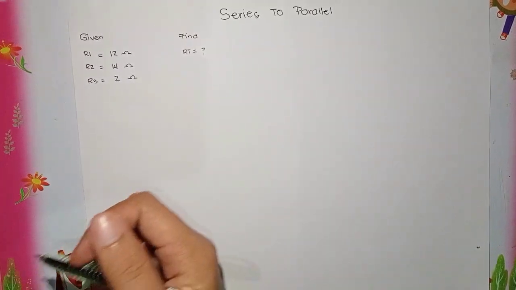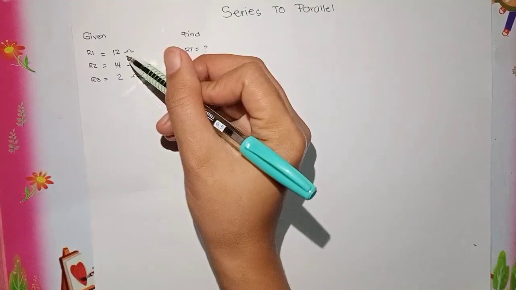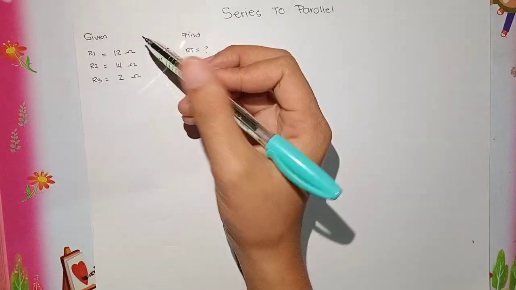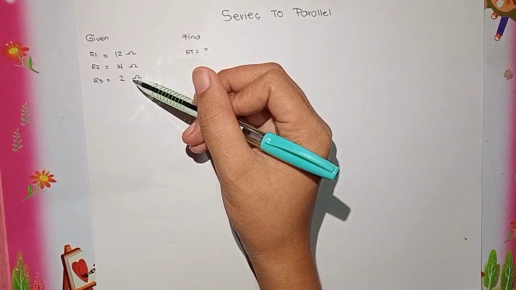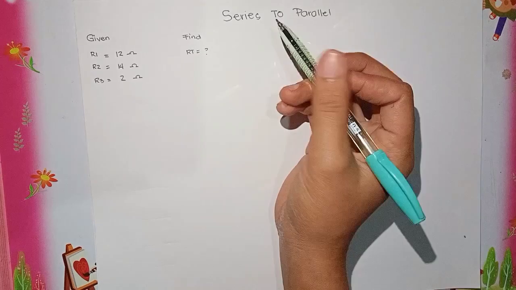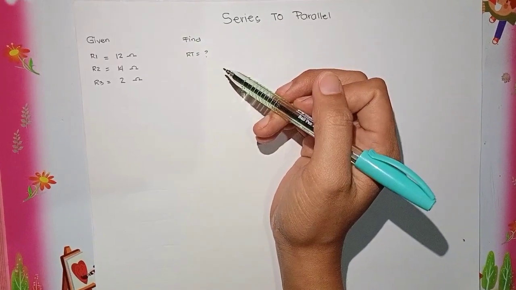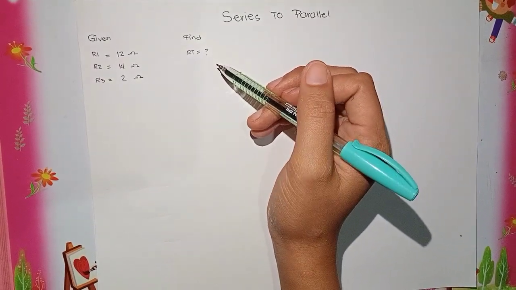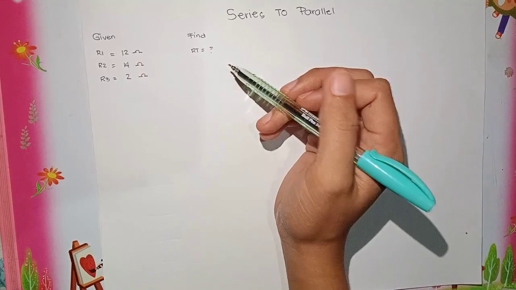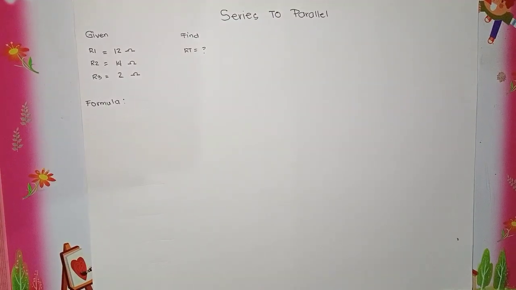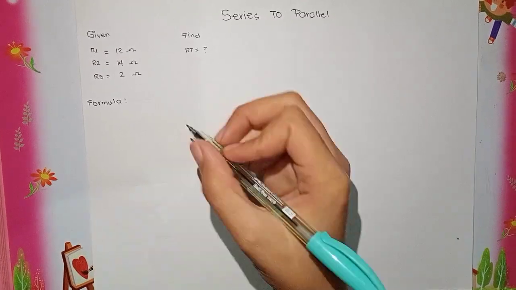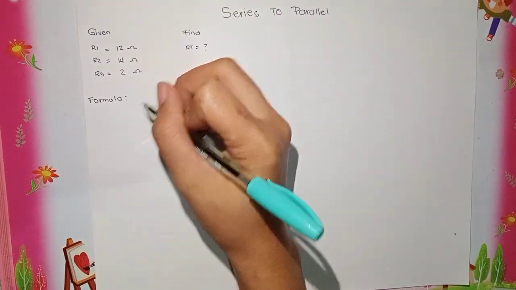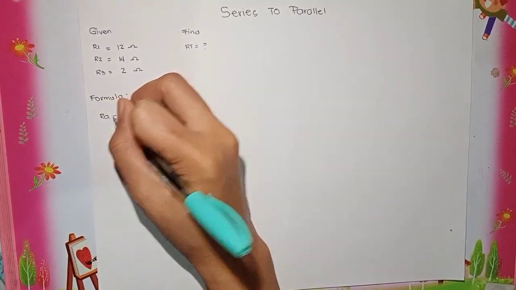For example, we have resistance 1 which is 12 ohms, resistance 2 which is 14 ohms, and resistance 3 which is 2 ohms. So to find the total resistance, let's get the total resistance of loads connected in series first. The formula is RA is equal to R1 plus R2.